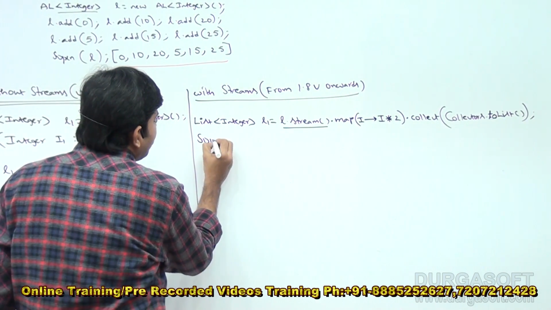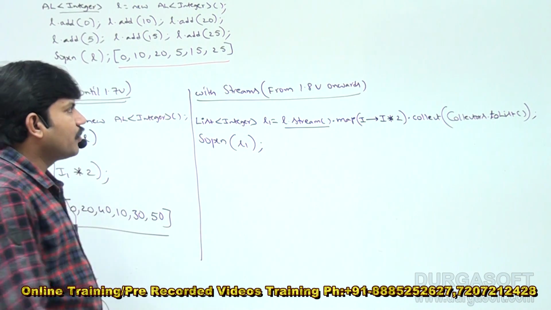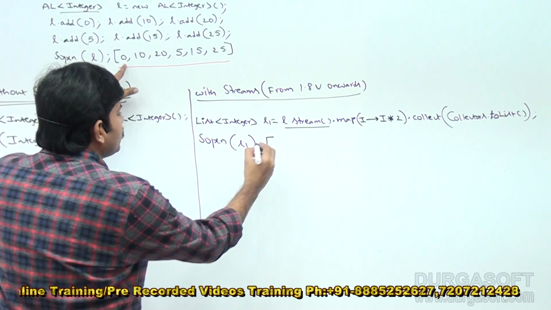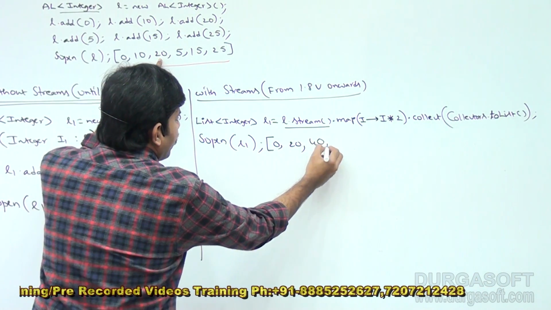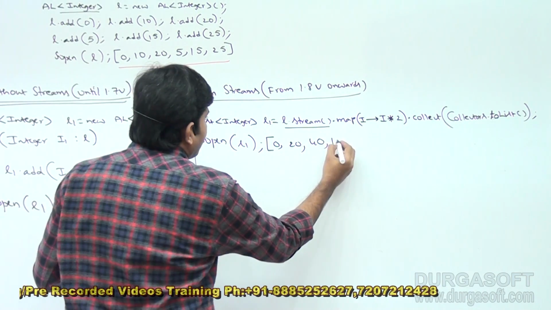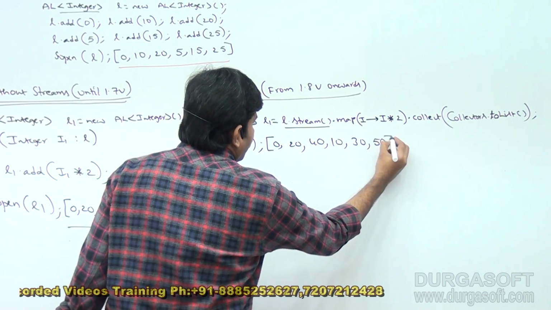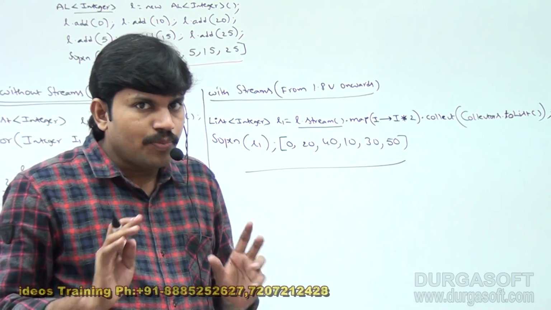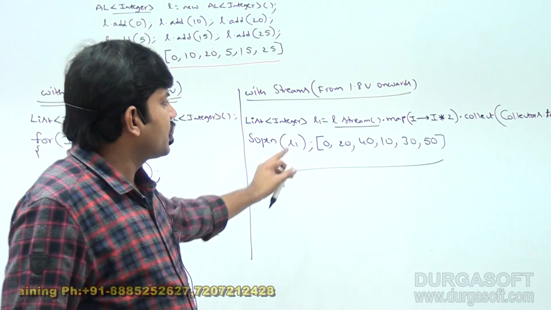Can you please print System.out.println of L1? What is the answer we are going to get? For every element, have you observed? 0 is there, double. 10 is there, 20. 20 is there, 40. Next 5 is there, 10. 15 is there, 30. Next 25 is there, 50. Like this. Are you getting it? Now you people got a basic idea of how you can use the streams concept.